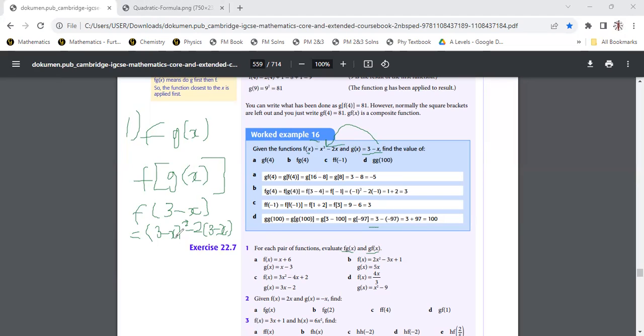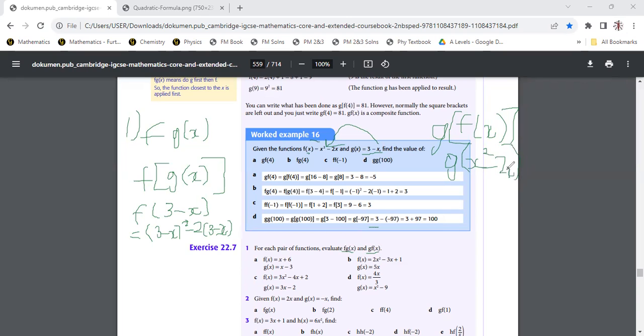Okay. So what would you do for, let's say, g of f of x? What will you do for this question? We solve f of x. So you have to tackle the inner problem first, x squared minus 2x.